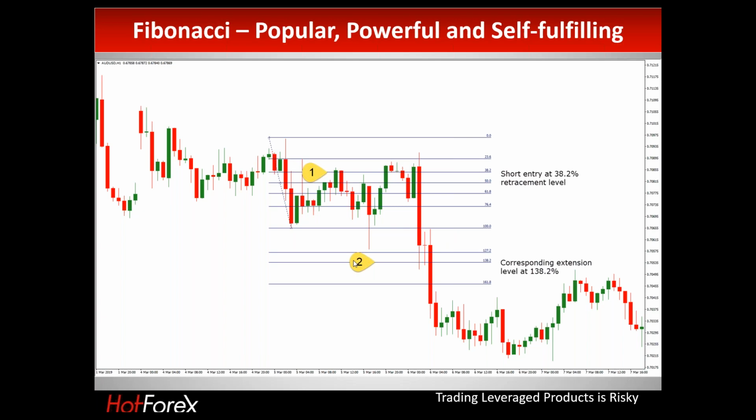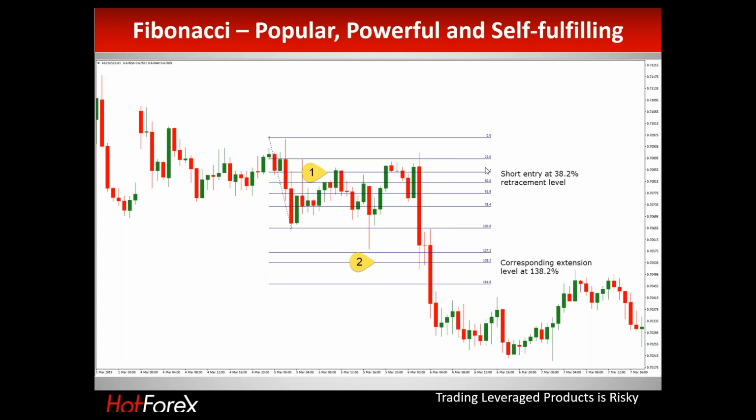So that was the very first possible short entry with the targets on the Fibonacci extensions. Another possible entry would have been on this reversal, because the bearish candle came and closed below the open price of the previous candle, and was at the 61.8.